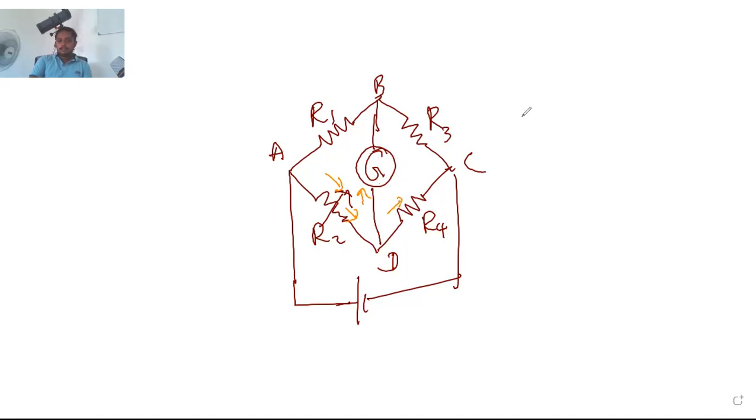Therefore, it will show a deflection to this side. If this is 0, it will start to flow from the other side. The deflection is decreasing, comes to 0 and again goes to the other side. So that is the observation that you can get.